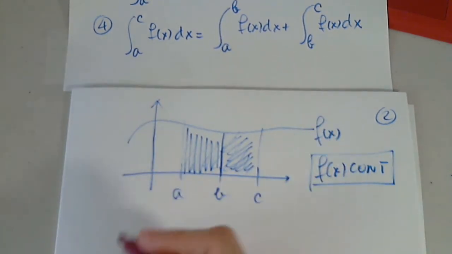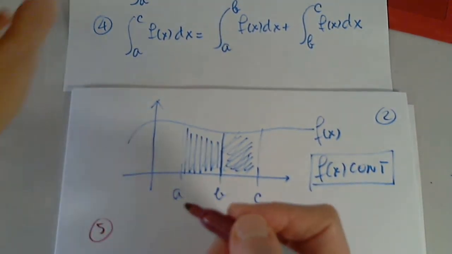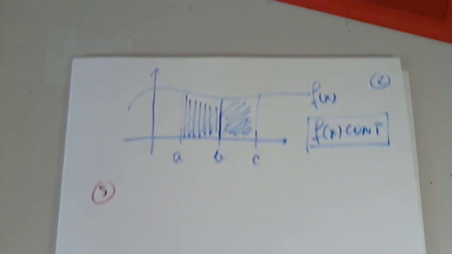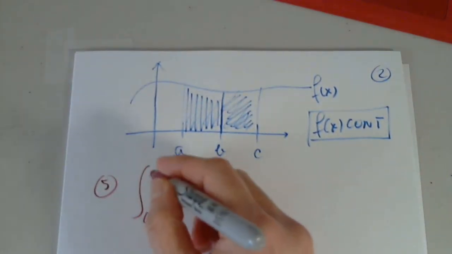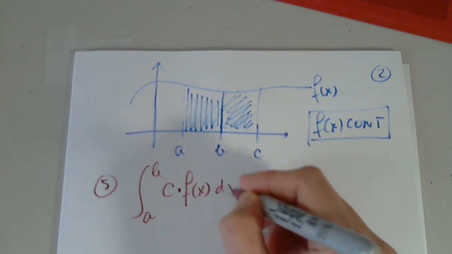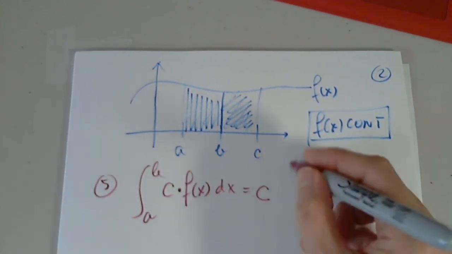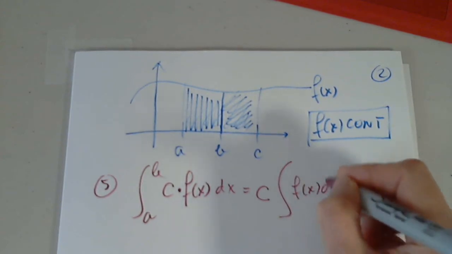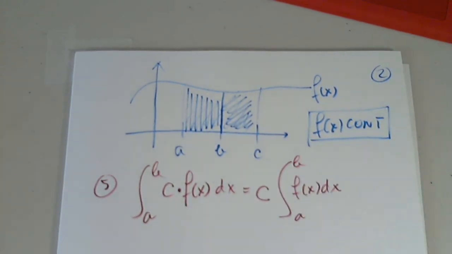I already used this property, but let's write it again. The integral from a to b of a constant times the function, dx, is of course the constant times the integral from a to b of f of x dx.